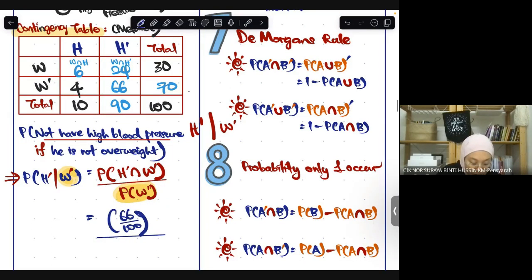Okay, so 70 out of 100 di bahagian bawah. These are the probability where the professor dia overweight, dia tidak overweight tetapi dia boleh ada high blood pressure dan juga tiada high blood pressure. So you must total them together and you will get a 70. So 70 out of 100.